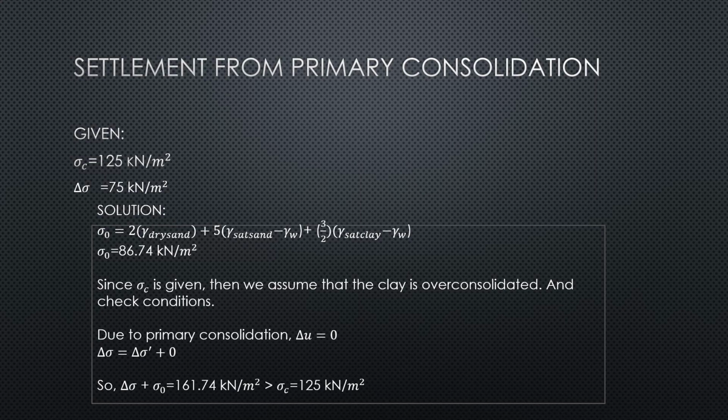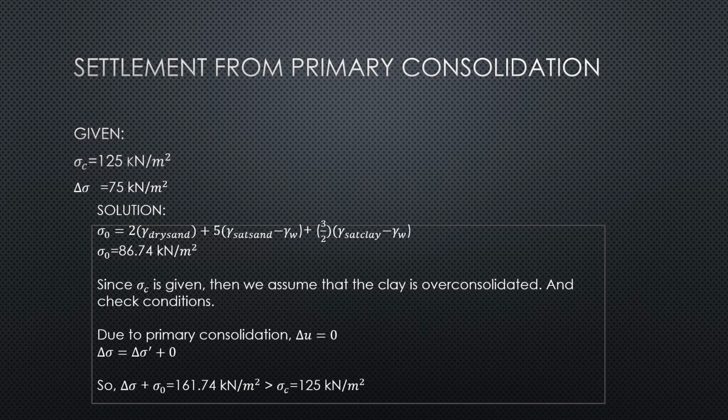And I know you have already learned the formula in your previous course, soil mechanics. So here, I will just discuss it again and explain what the content of the formula will be.